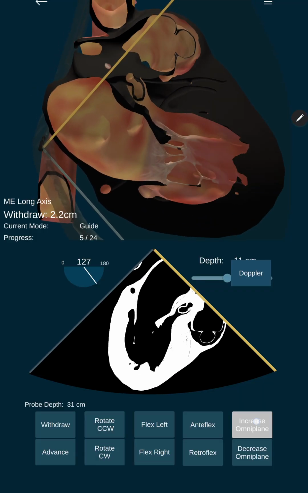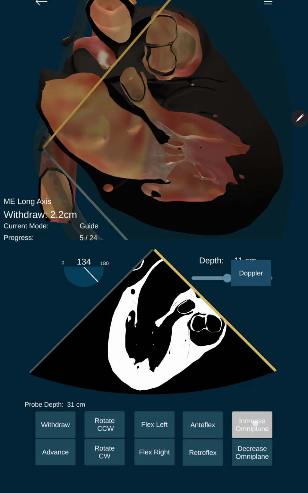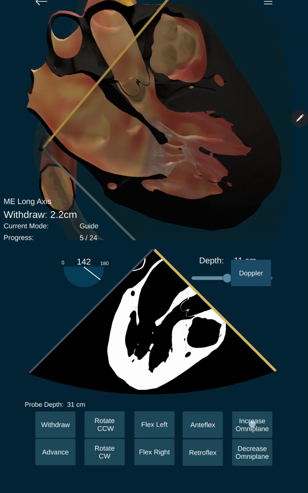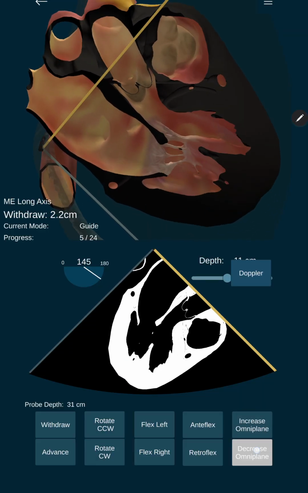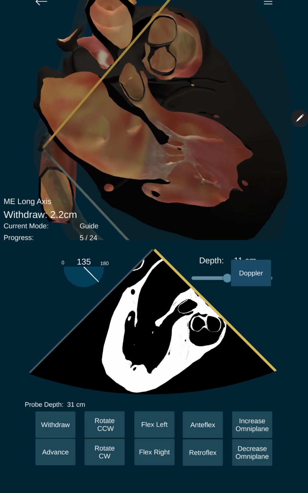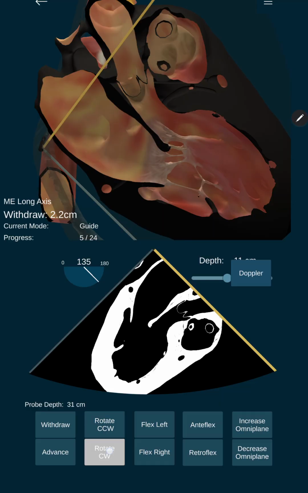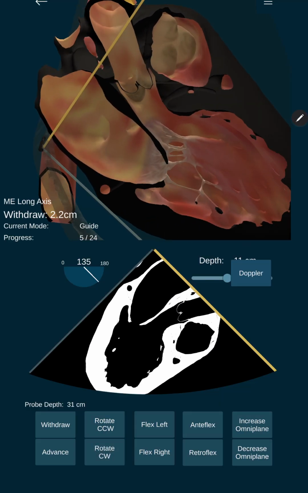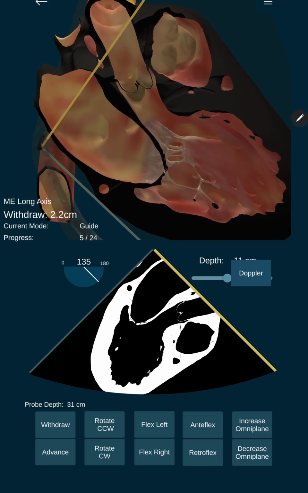So let us increase the angle to 130-35, wherein we can see the aortic valve and LVOT. Somewhere around 135, with fine adjustments.